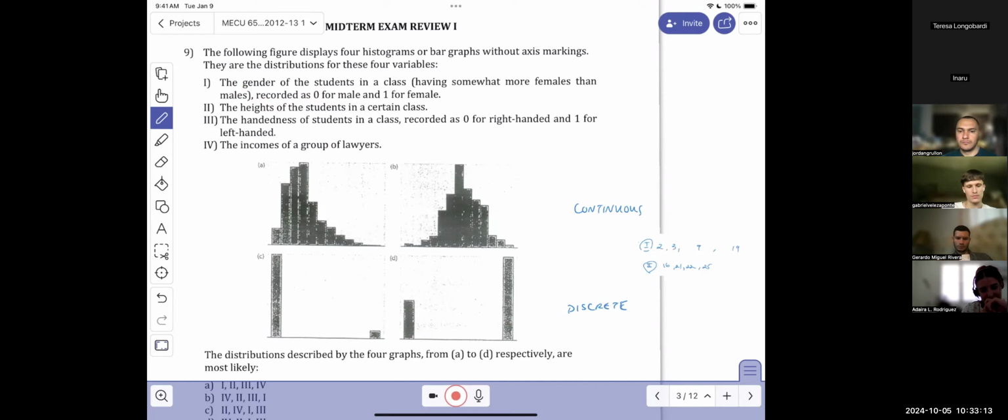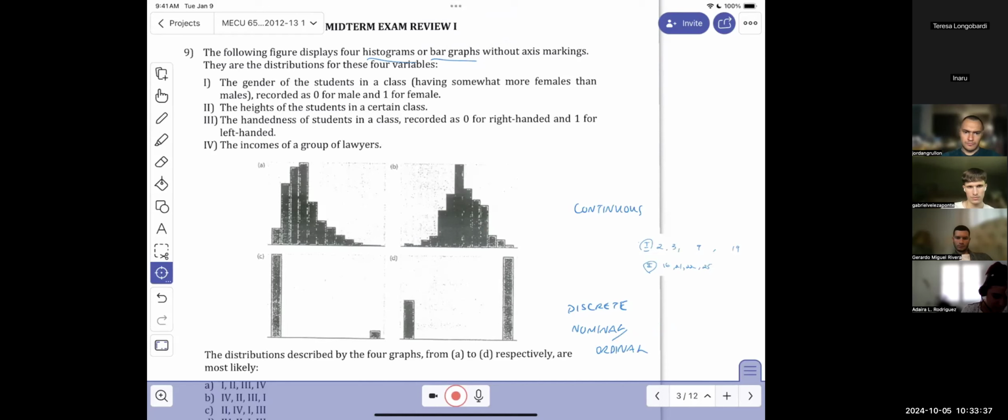Oh, they say they're histogram or bar graphs. Oh, okay. So it can also be nominal. Let me fix that. Okay, because it says bar graphs, not just histograms. Histograms would be for continuous data.